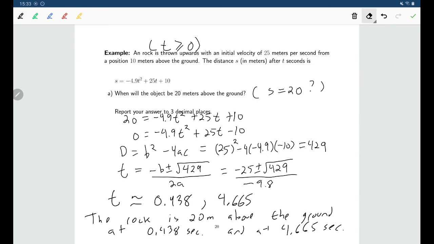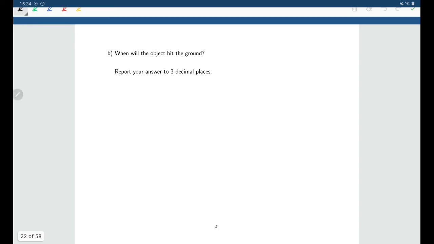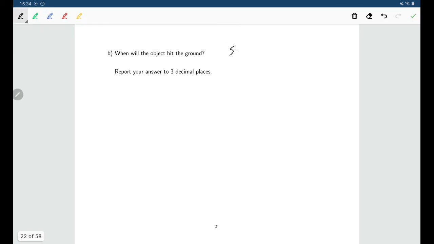Of course, our next question is, when does the object hit the ground? When does our rock hit the ground? Or in other words, when is s equal to 0? Again, we're just going to take our equation and solve for time.